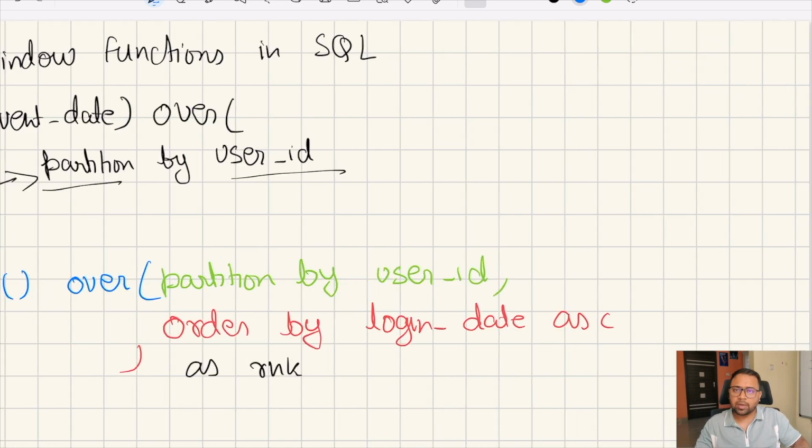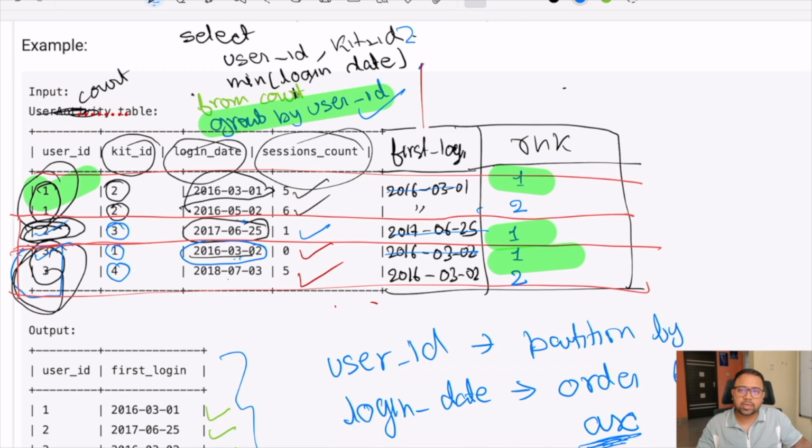I have already explained this. If we have done group by on user ID, then we cannot select kit ID or login date or session count in our select query. We have to apply some aggregation. But if we apply a window function and then apply a filter, we will not lose the other column information, which is very handy when you are writing code using PySpark.